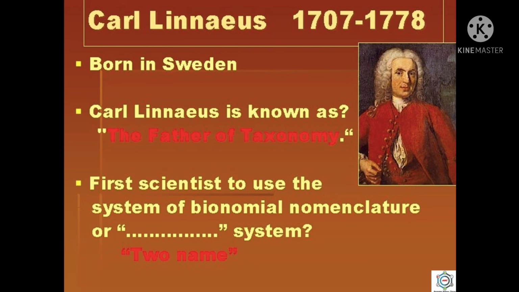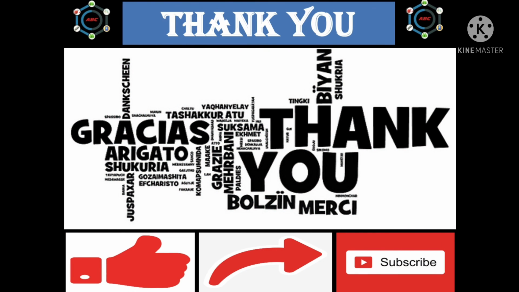So this is all about the history of classification, what is biological classification, need for biological classification, advantage of biological classification, and objectives of biological classification. Next video we will see about the 2 kingdom system of classification and 5 kingdom system of classification.